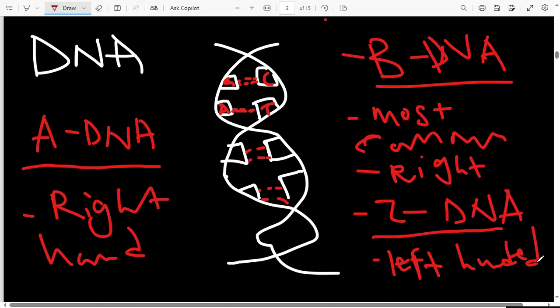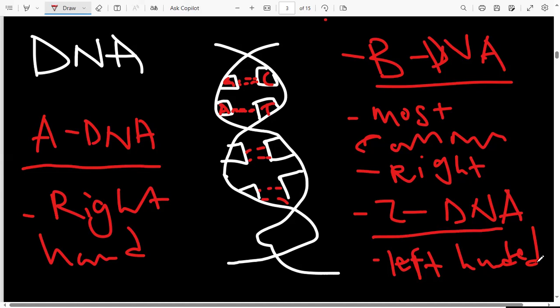If you have a right-handed double helix, then it can either be the A DNA or the B DNA. But how do you differentiate the B from the A? The A is dehydrated, and the B is the most common conformation under normal physiological conditions.